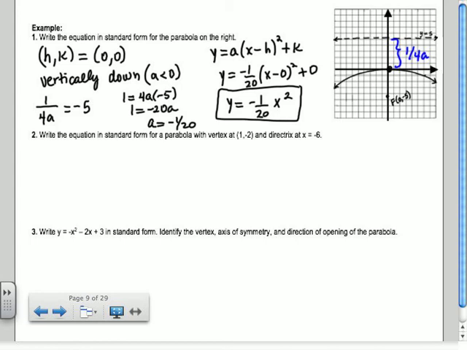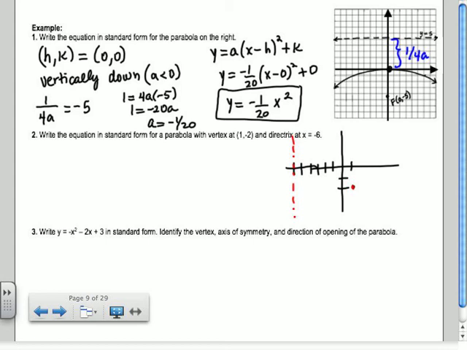So write the equation in standard form for a parabola with a vertex at 1, negative 2, and directrix at x equals negative 6. Okay, can you guys tell which direction your parabola is going to open? Yeah, it opens to the right. It opens away from your directrix.